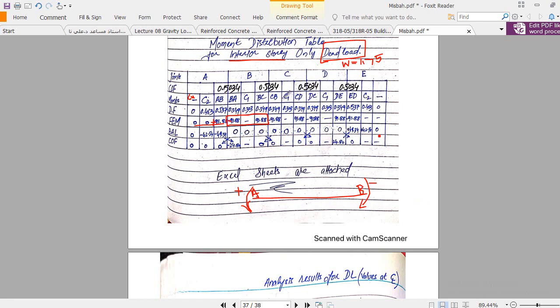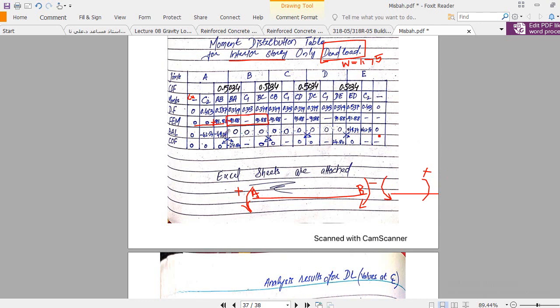Similarly at BC, the moment right here will be denoted by a positive sign, and the moment at C will also be denoted by a positive sign. Clear? So here this is positive and this is negative. And similarly CD is denoted by positive while the DC moment is denoted by negative.